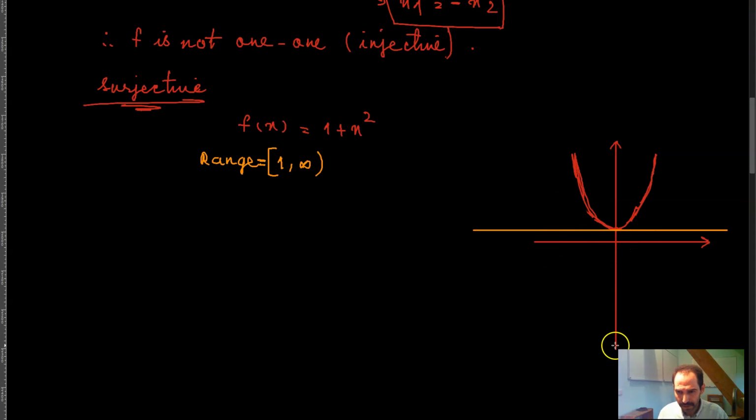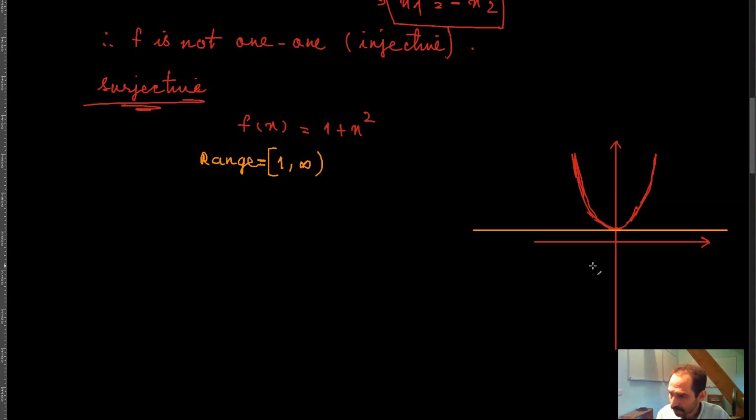That means that all of these values which are less than 1 are simply not a part of the range of this function. Whichever element you pick from here is not the image of any of the elements in the domain of the function.